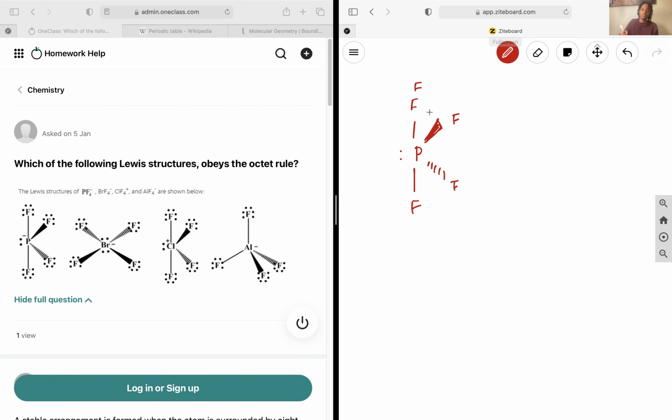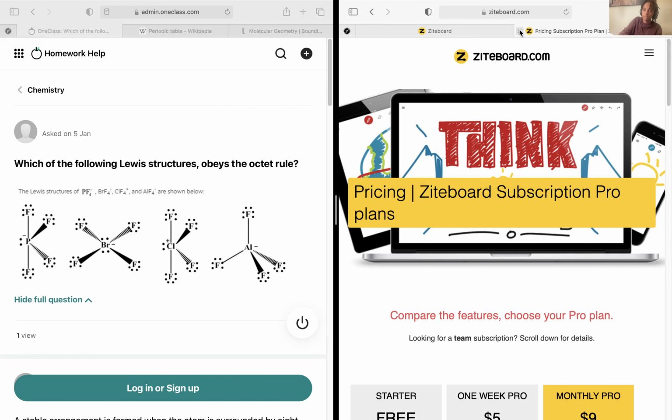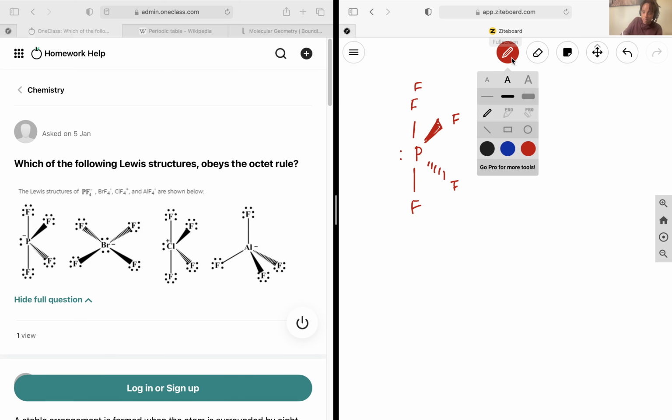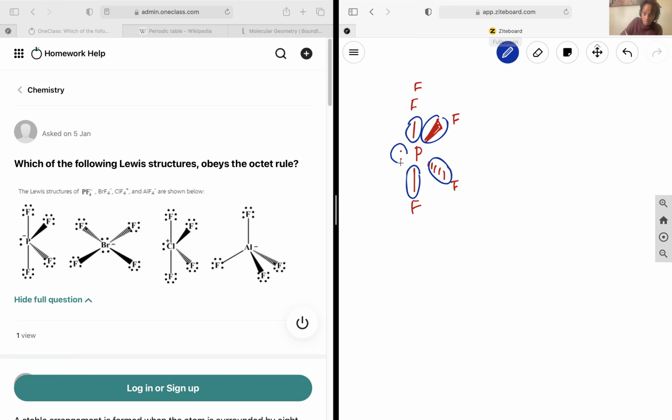We have that, and if you just count all of those, this is going to be 2 electrons, another 2, so 2, 4, 6, 8, 10. And so this has 10 electrons around it, which is not equal to the 8 in an octet, so that is not obeying the octet rule.